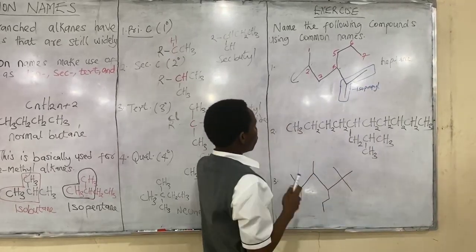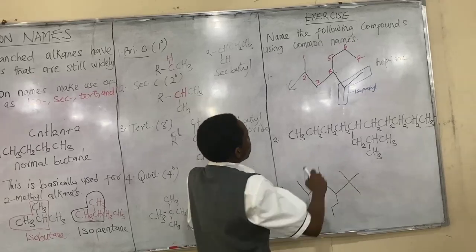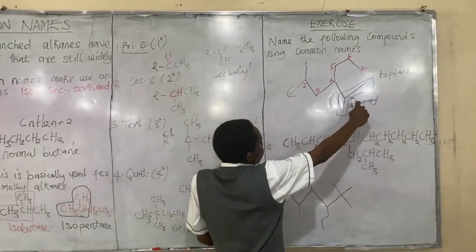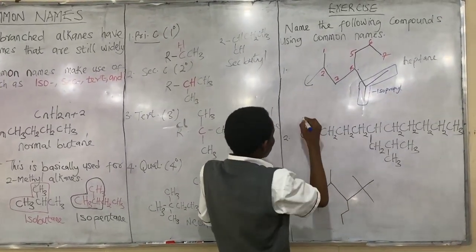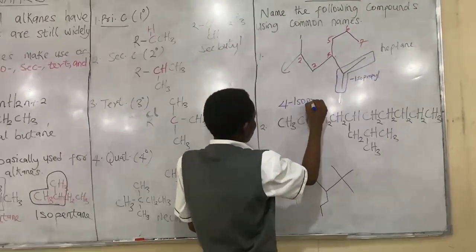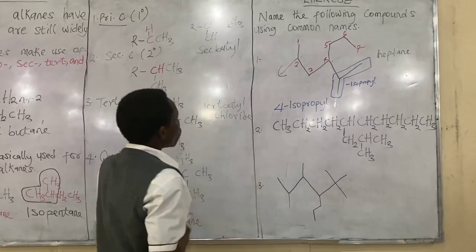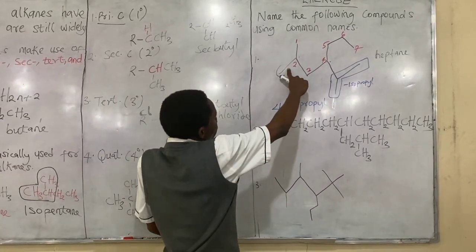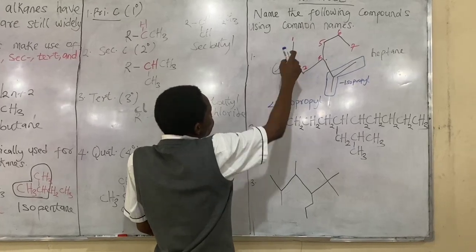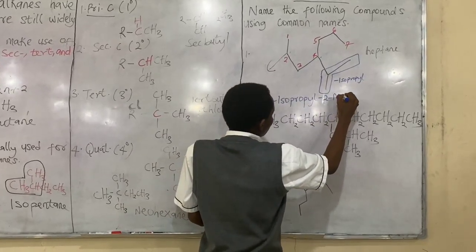What then would be the name of this compound? The isopropyl is on carbon 4. So write 4 isopropyl. The next substituent is the methyl group. The methyl is on carbon 2. 2 methyl.